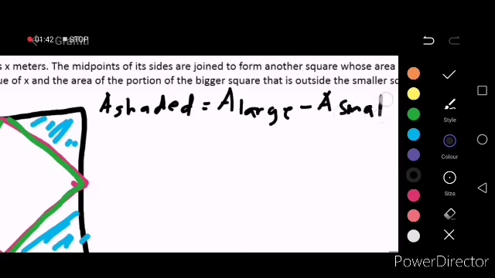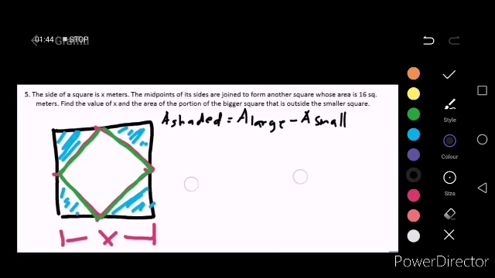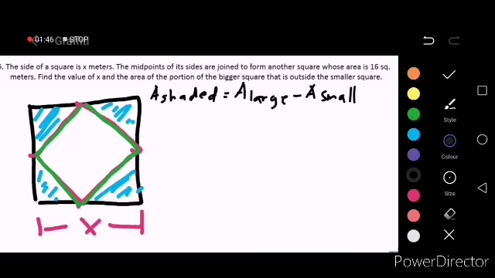Tama ba? Yes. At makukuha natin yung kulay blue na area dyan. Okay. Meron ba tayong area ng small? Meron. 16 square meters nakasulat. Okay? Paano yung area ng large? Wala. Kaya kailangan natin isolve yung x dito. Kasi pag nahanap niyo yung value ng x dyan, mahanap niyo yung area ng larger square.